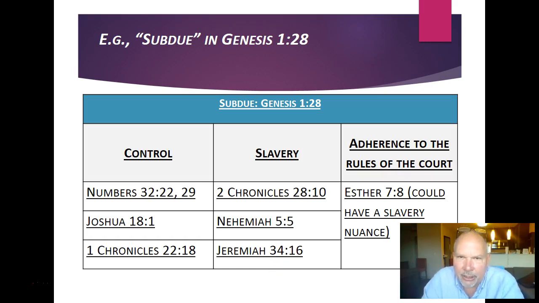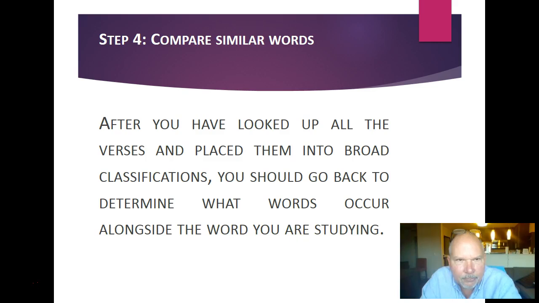In this case, for Genesis 1:28, the word subdue, I am finding that there are three broad categories of understanding. The first is control, the second is slavery, and the third is adherence to the rules of the court. And you can see the passages that I've put under each of these broad understandings.